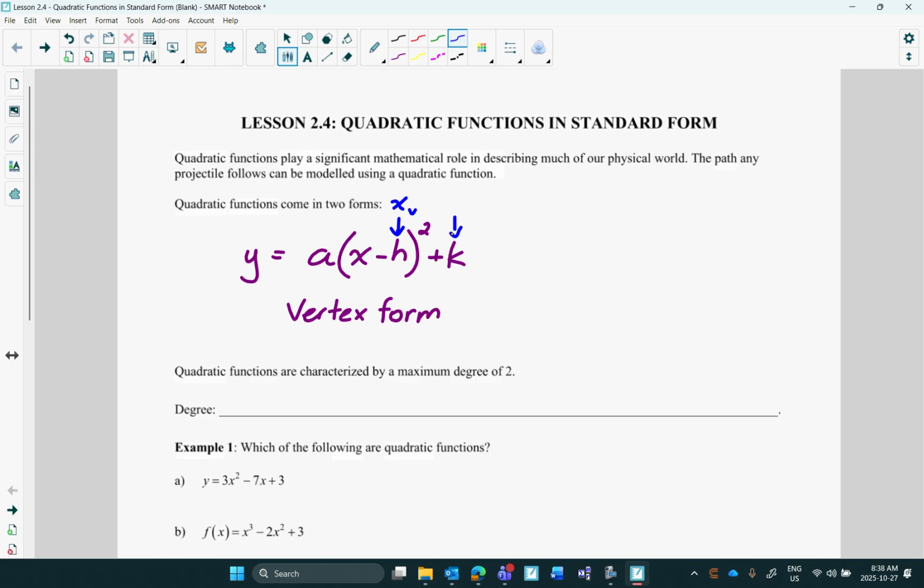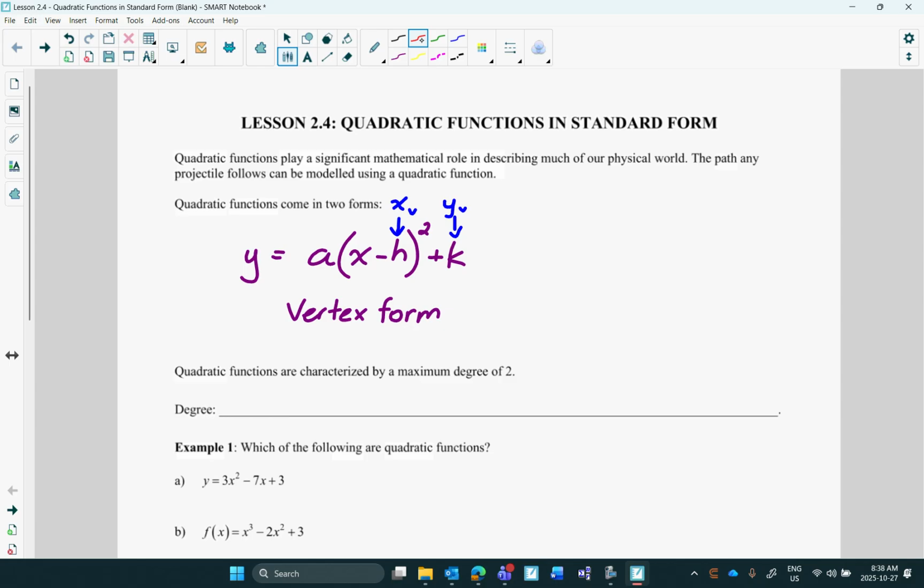This is the y vertex. And then a represents whether it goes up or flips upside down, and whether it stretches. Okay? So when we had it in vertex form, we were able to state all the properties of quadratic functions as well as graph.